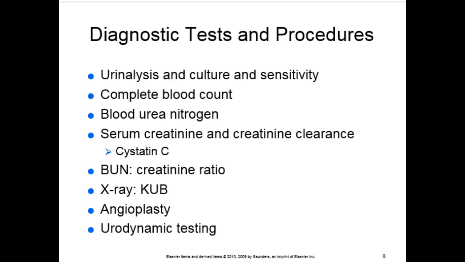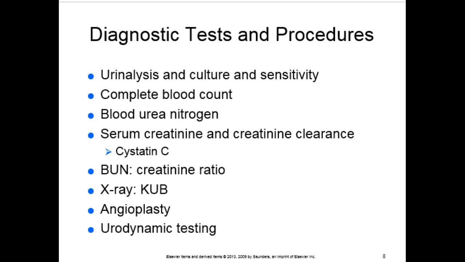So the BUN and creatinine are usually interpreted together to determine the function of the kidney. So the complete blood count and the blood urea nitrogen level and the creatinine are usually blood tests.